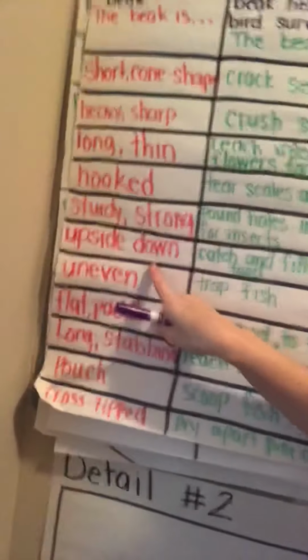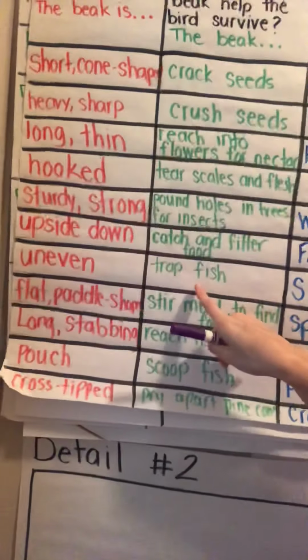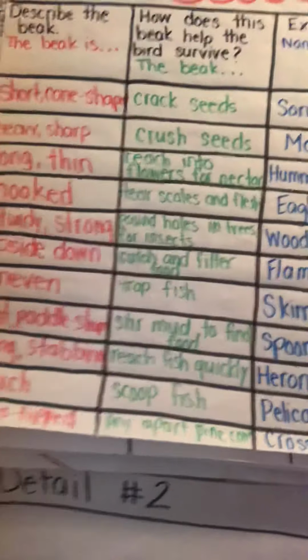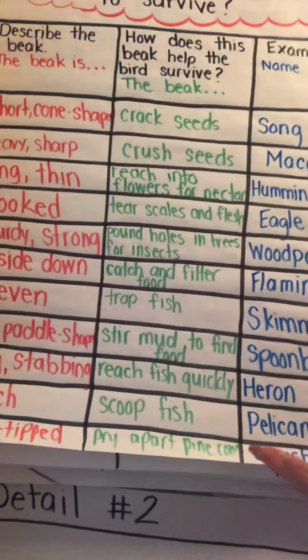Now remember, we're not finished because now I have to say how those uneven beaks help birds survive. So now I have to go back up to the chart to see what it says. So for our uneven beaks, next to it says it's used to trap fish. So again, I have to think, is trap fish a complete sentence? No, it's not. So now I have to think about how I can turn that into a sentence.